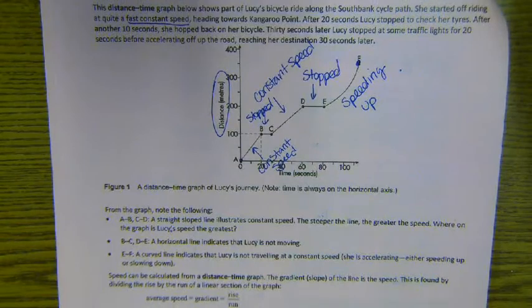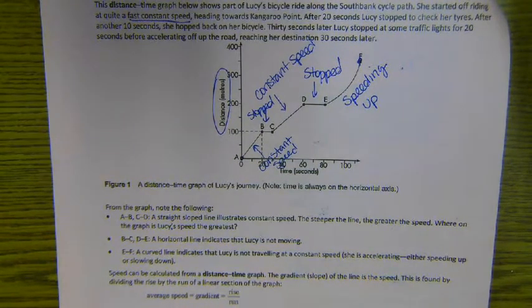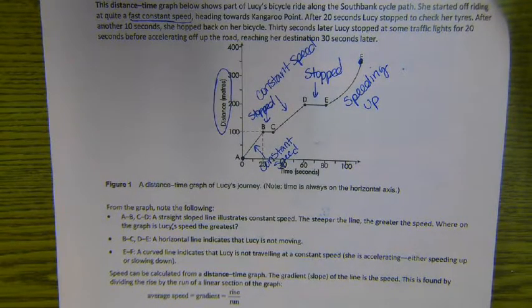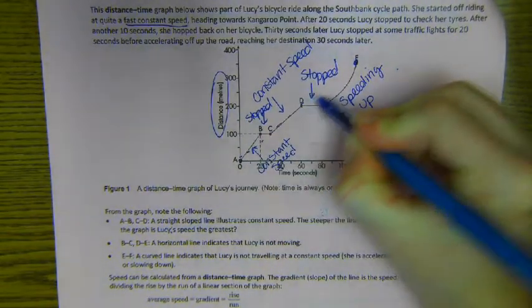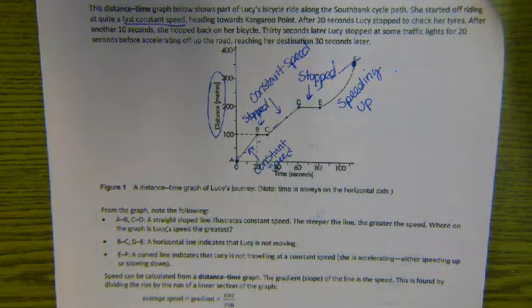Yeah, okay. So I'm going to write her average speed, and this means from A to F. And by the way, if I were to draw a line from A to F, that's why it's average, because she speeds up and slows down across the way, okay?